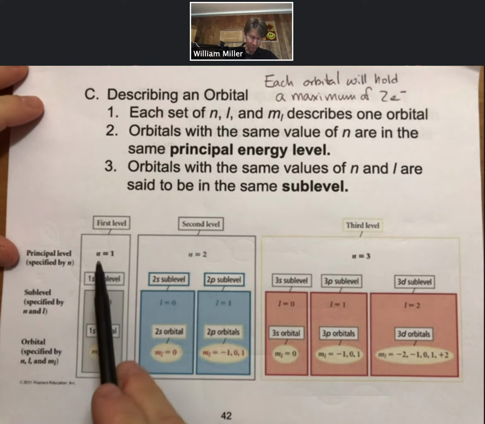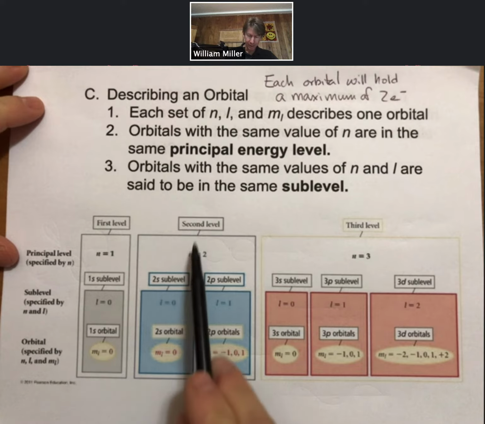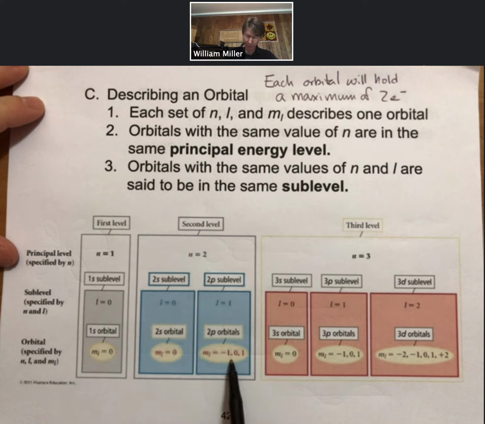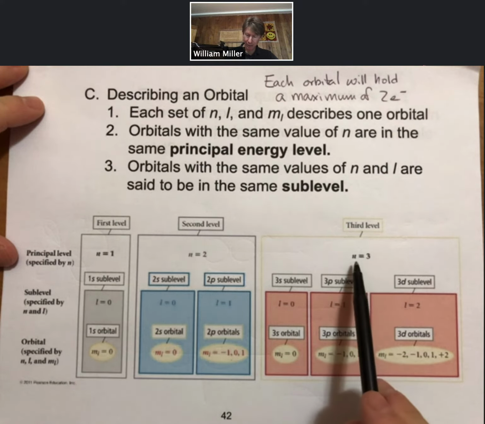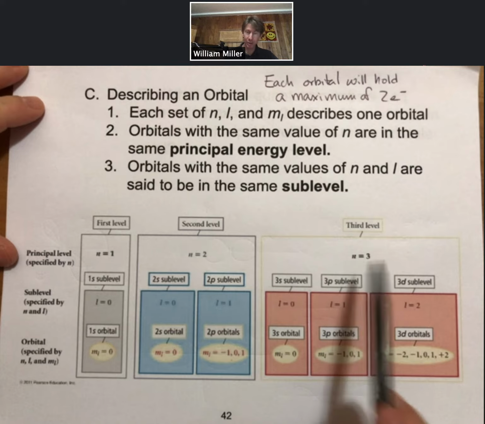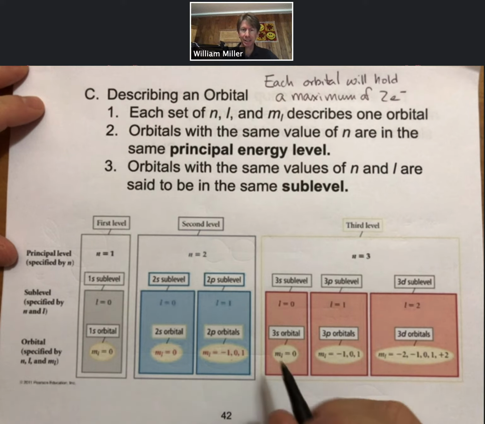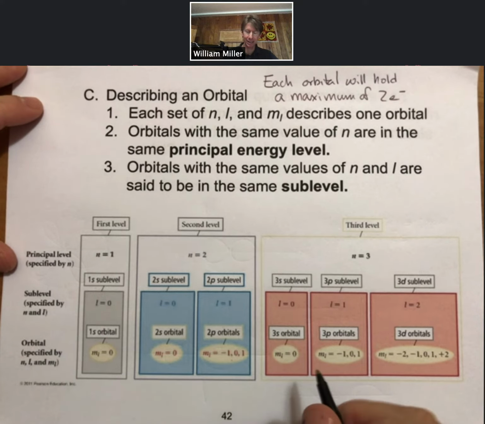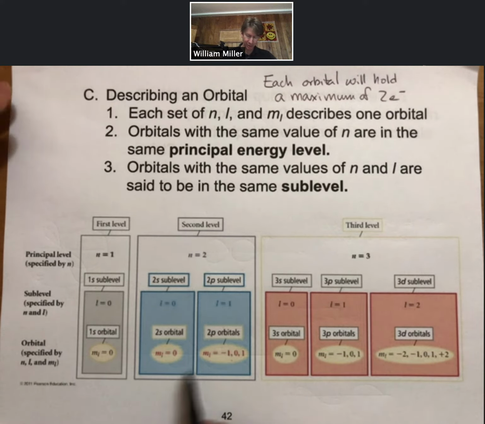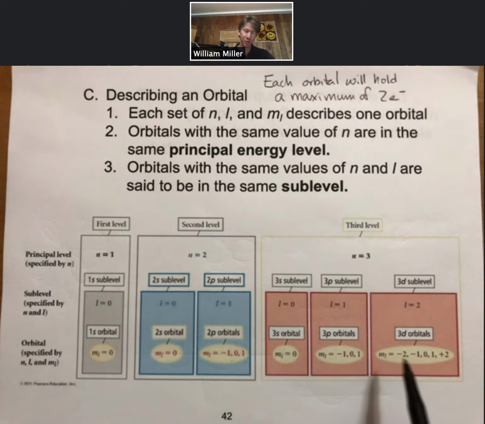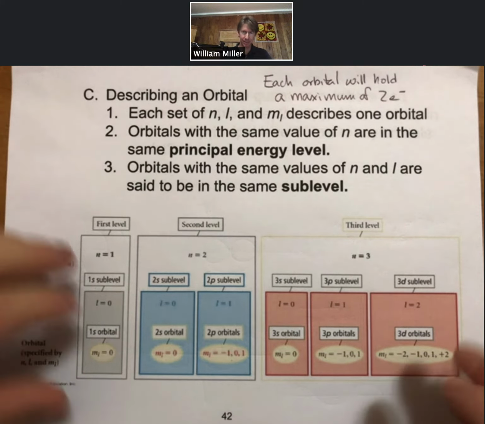So here's n equals 1. We have a 1s sublevel with 1 orbital. For the second principal energy level, we have 2s and 2p with their orbitals. And with the third level, n equals 3, there are 3 sublevels with 1, 3, and 5 orbitals in each. And so this is a nice handy summary of some of the things we've already said with their quantum numbers as well.